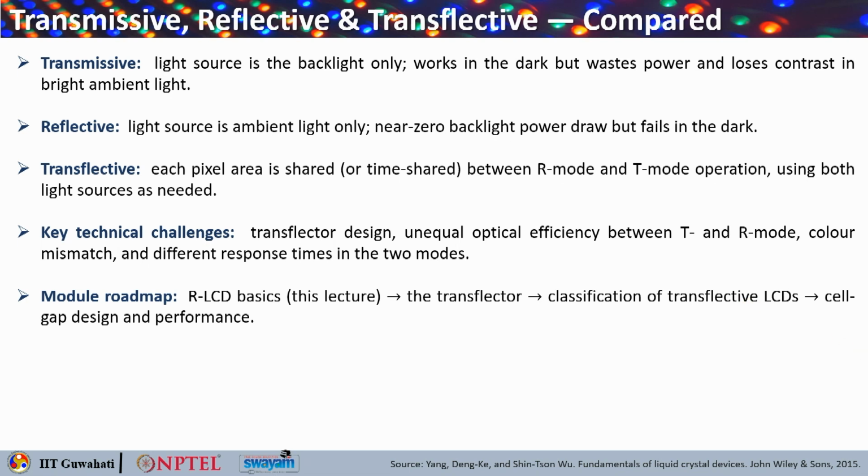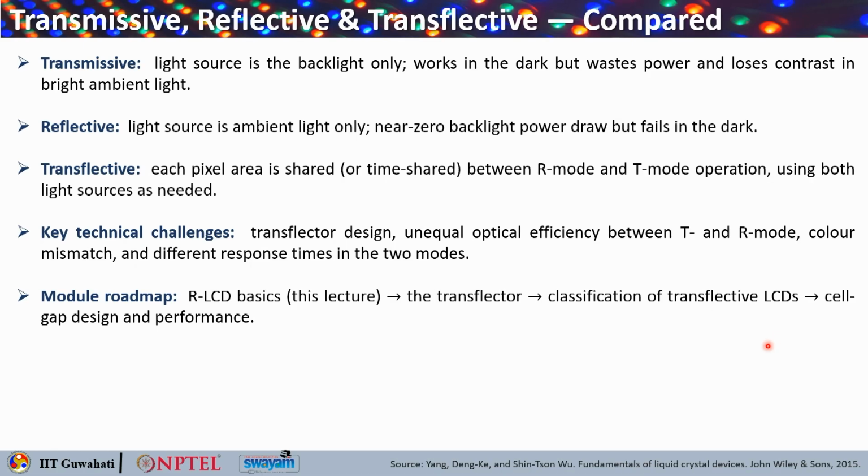So, the whole optical stack, that is the polarizer, liquid crystal, and then the polarizer, only has to work for the light traveling one way. While the reflective mode LCDs modulate the ambient light, which makes a round trip.